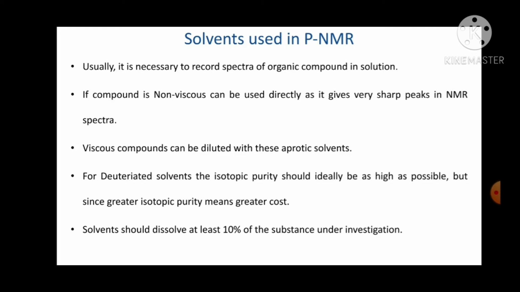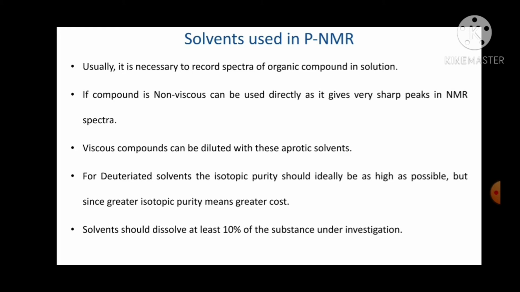So these are the things we have to consider whenever we are recording an NMR spectrum, especially proton NMR. Though nowadays, with sophistication and modernization, people are also taking NMR spectra in the solid state. There is a new technique called solid state NMR. It is being explored, but conventionally, by default, we have to take our sample into a solution form.